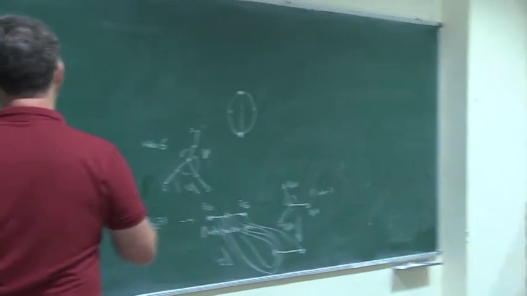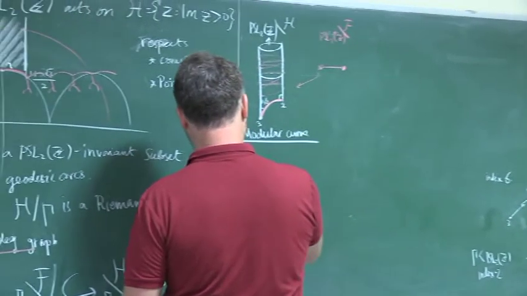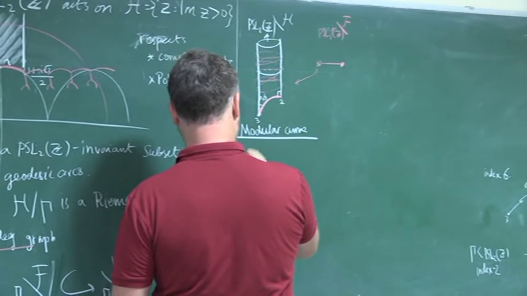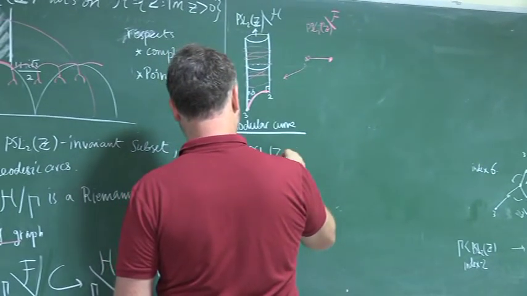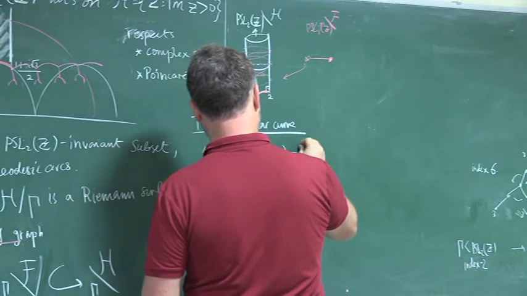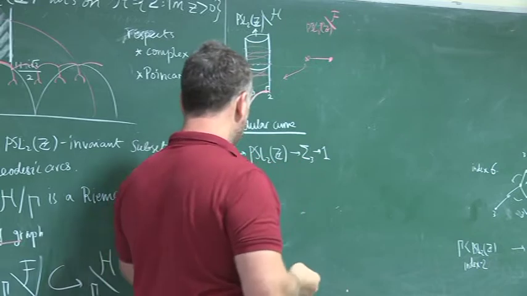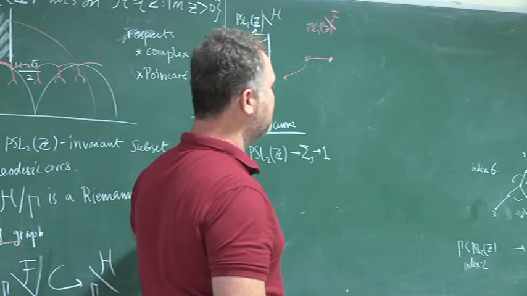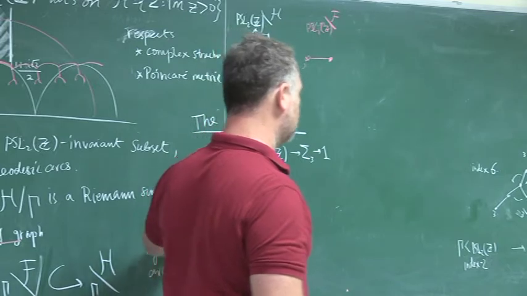So there is an exact sequence: 1, Gamma, PSL2(Z), the symmetric group on 3 letters. And the kernel, Gamma, acts freely. It has no torsion points.